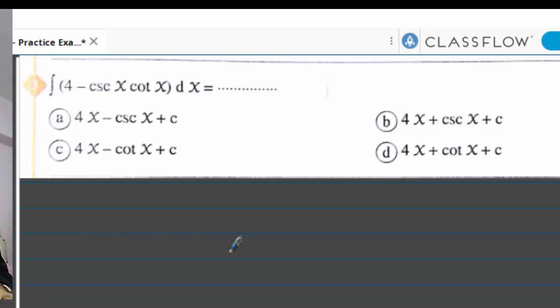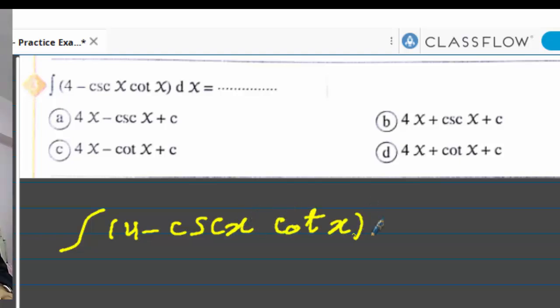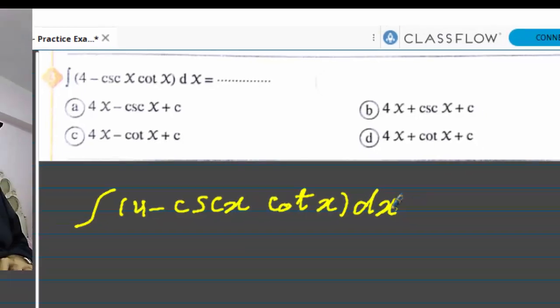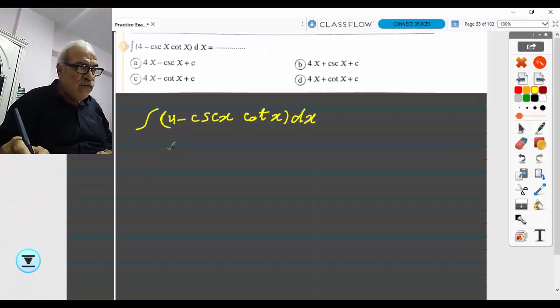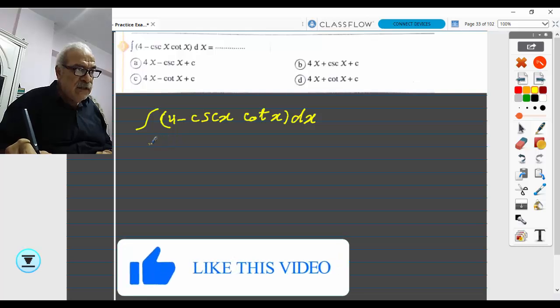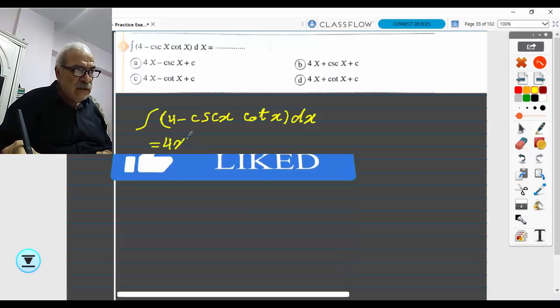And we'll go to the next equation. Here, the integration of 4 minus cosec x cotan x with respect to x equals the integration of 4 minus the integration of cosec x cotan x. The integration of 4 is 4x.